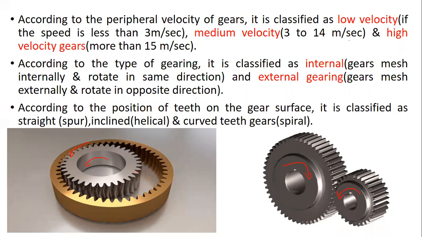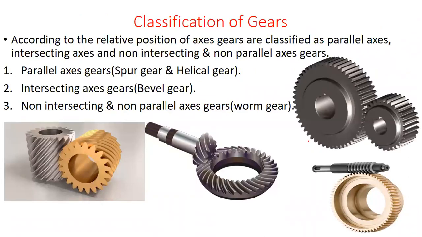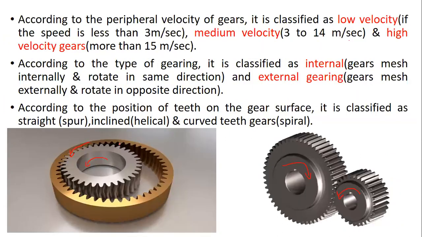The last one is according to the position of the teeth on the gear surface. Here you can see these are the teeth on the gear surface. For example, in the previous slide you have seen different types of gears. If the teeth are straight, then it is called a spur gear.